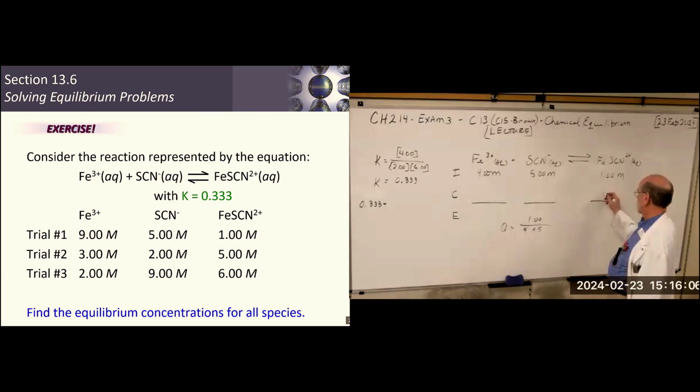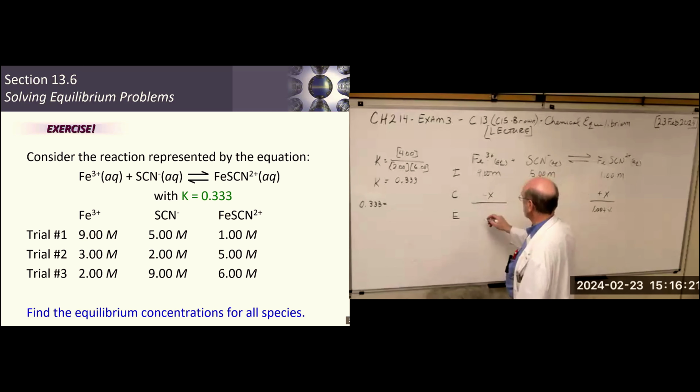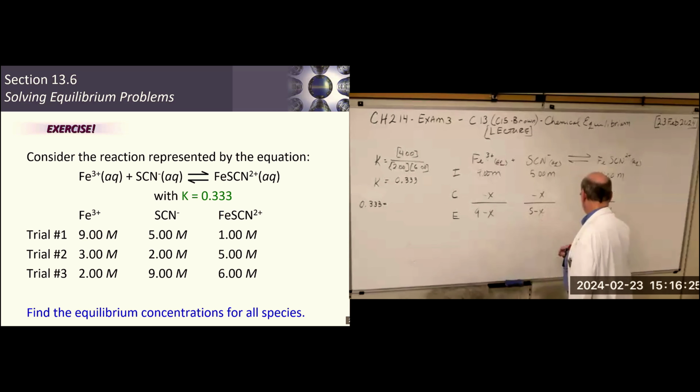So we're going to add some on this side, like 1 plus X, and since it's all 1 to 1 to 1, we're going to subtract an X from here and subtract an X from there. That makes it 9 minus X here and 5 minus X here.